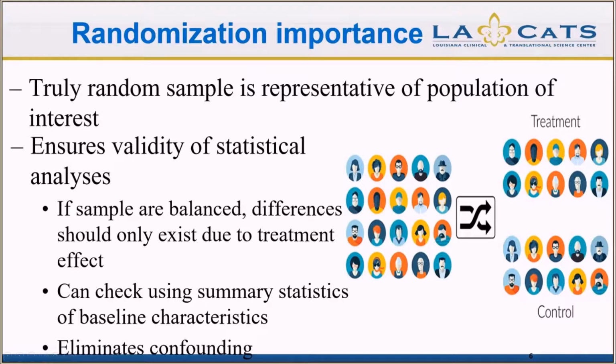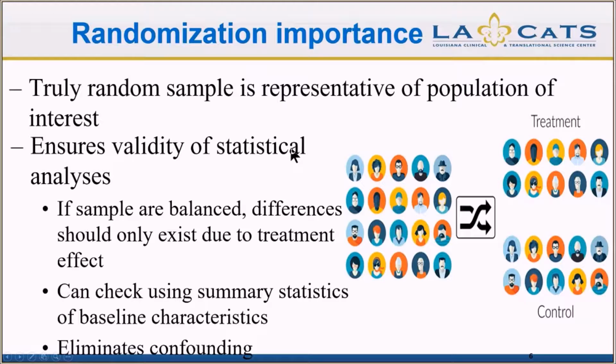So why is it important to randomize? Well, we want our sample to be representative of the population we're trying to get information about. So generally we have the sample that comes in, and we assume that is representative of the population. But we're going to split this sample into two different groups, a treatment group and a control group.